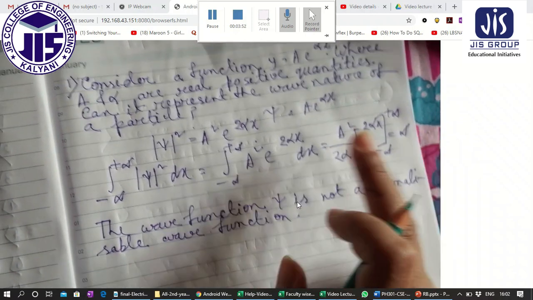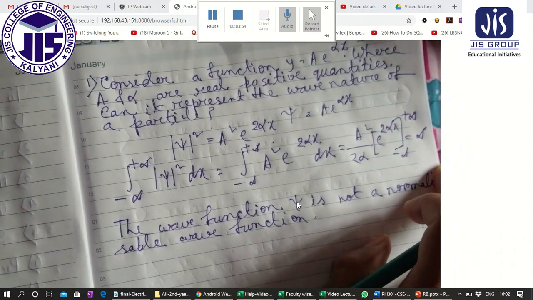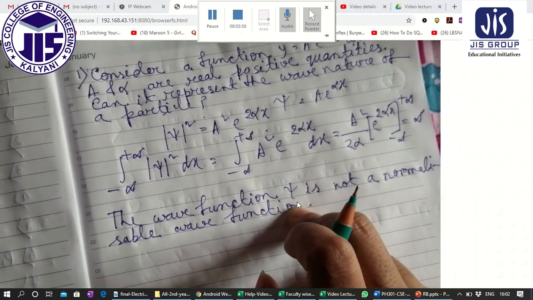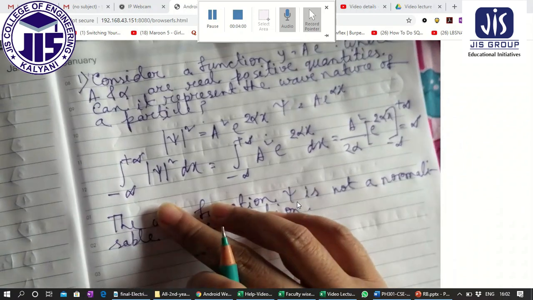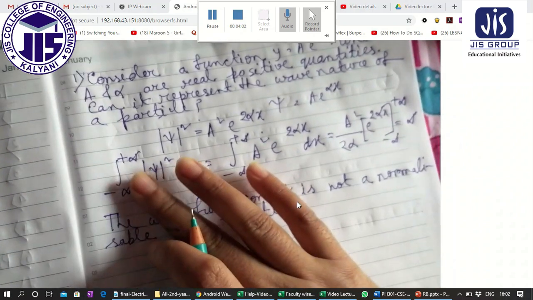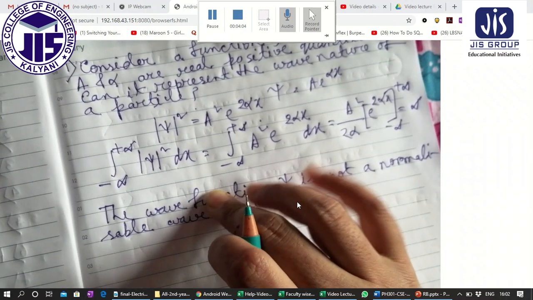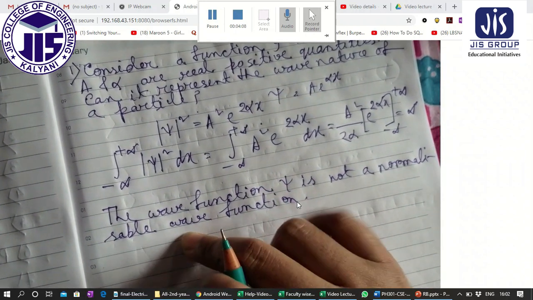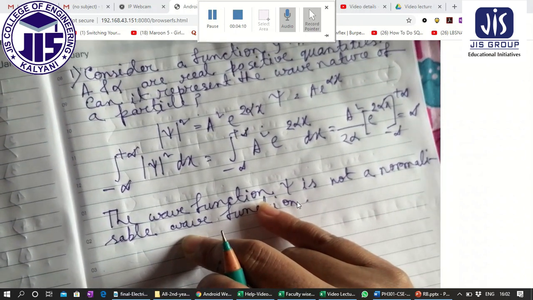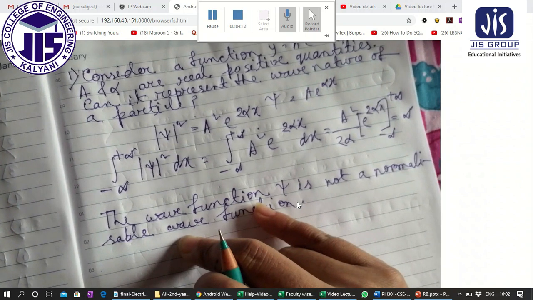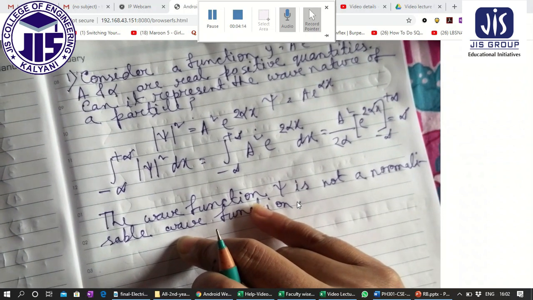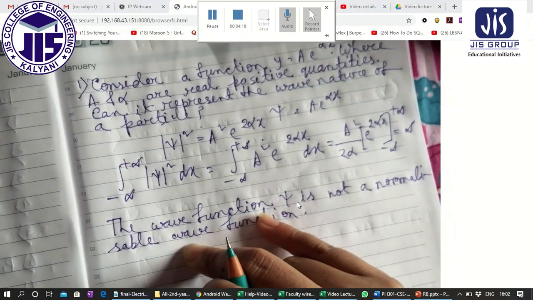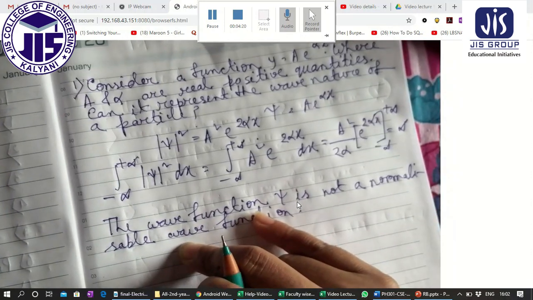If we get it equal to 1, then we can say that this is a normalizable wave function. But since the integral of mod psi square dx from minus infinity to plus infinity is infinity, psi is not a normalizable wave function. The square of its modulus becomes infinite as x tends to infinity. So psi cannot be an acceptable wave function.